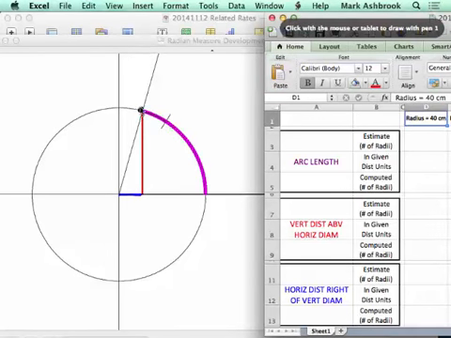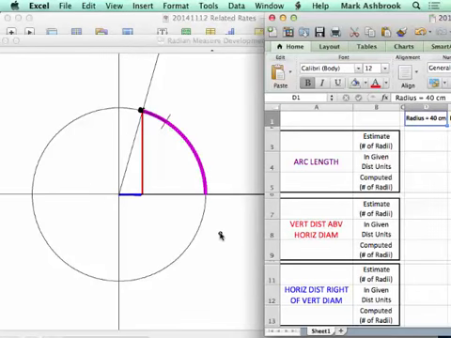So I've got this arc length that gives me a point on the circle. For that point, this red segment is its vertical distance above the horizontal diameter. This blue distance is the horizontal distance to the right of the vertical diameter. And then that whole thing is the arc length. I want you to estimate those three lengths using the radius as the unit of measure.